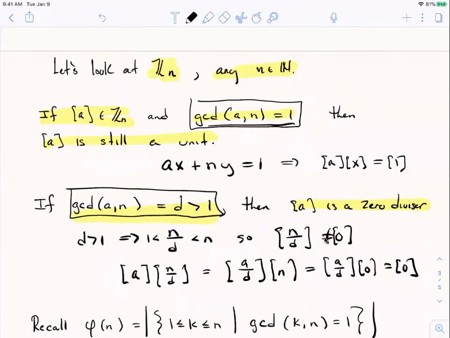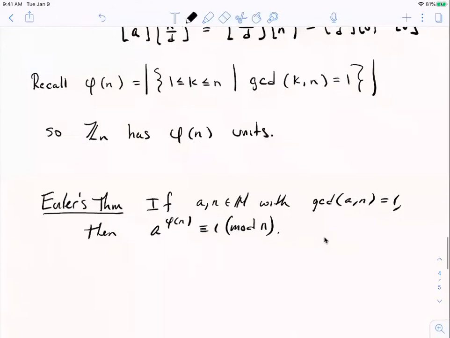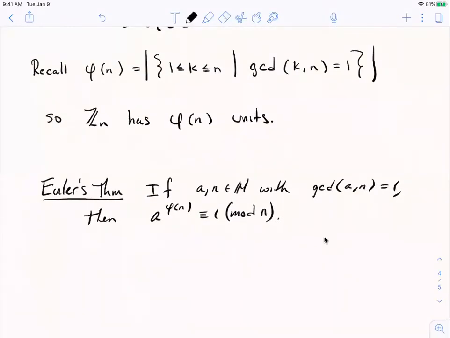Cool. Well, you guys might remember earlier in this course, we defined Euler's phi function. It doesn't have anything to do with a homomorphism. Phi of n is the number of integers between 1 and n that are relatively prime to n. Remember that function? It's called phi of n.